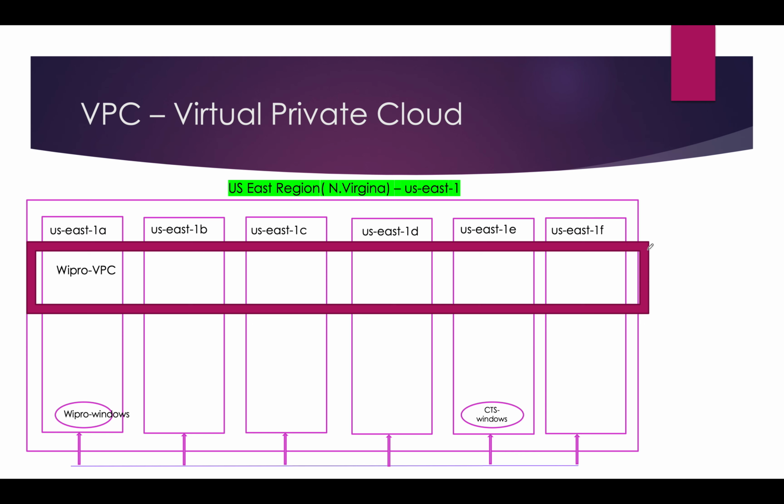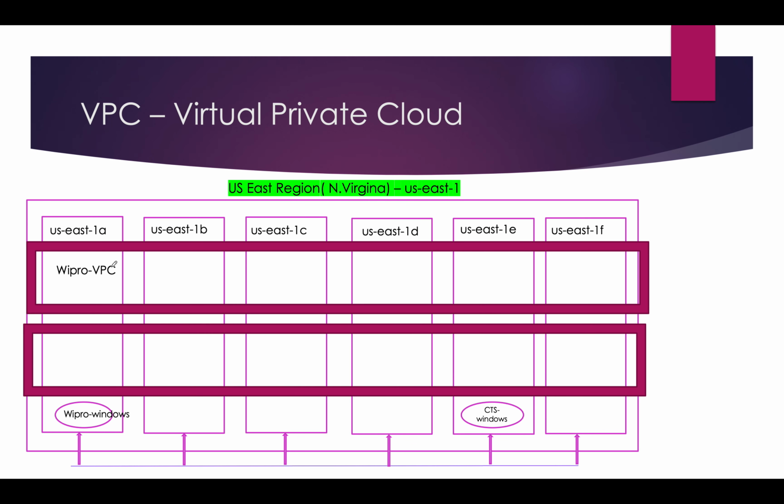If you go for a different region, you need another VPC. Now I am in the US East region, right? So I named it Wipro VPC. Next I make one more for CTS. Assume that. This is one virtual private cloud, and this is one more virtual private cloud for CTS.